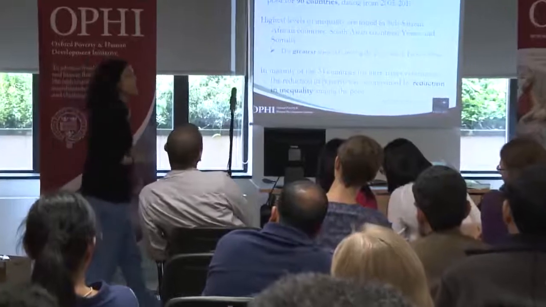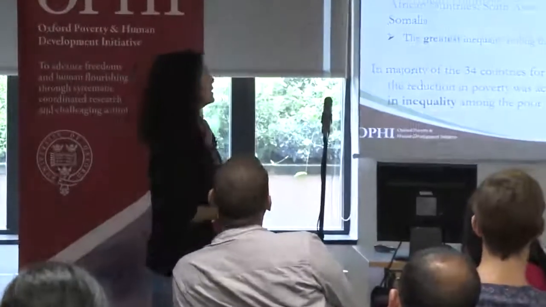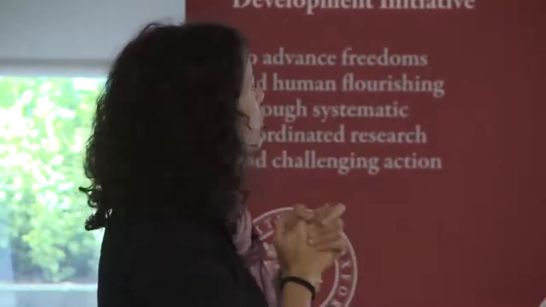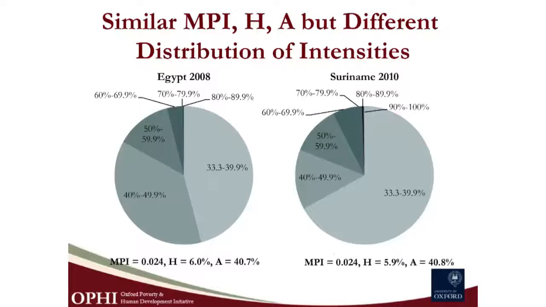The greatest inequality among the poor is in Burkina Faso. He also looked at the change in inequality for the 30 countries that I mentioned before. And good news again: in most countries, the reduction in poverty also translated into a reduction in inequality. So it seems like there is hope.